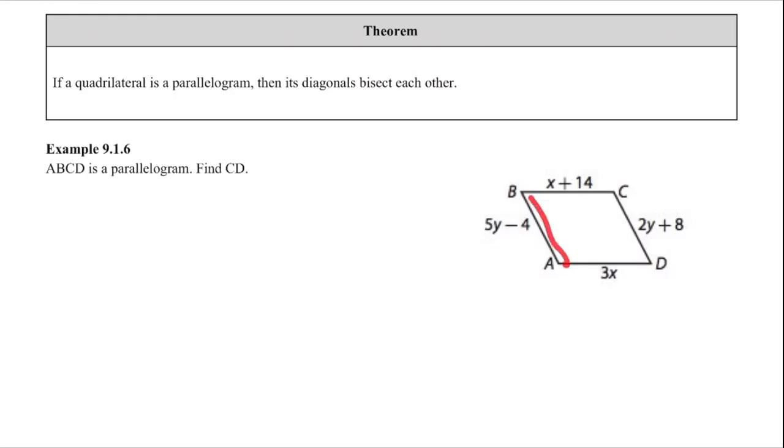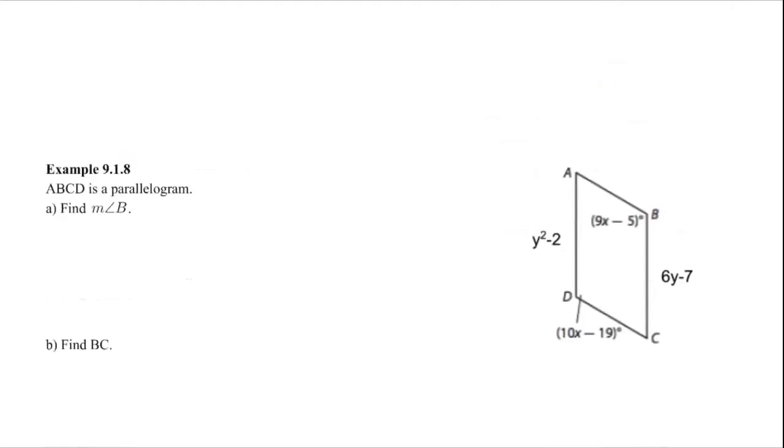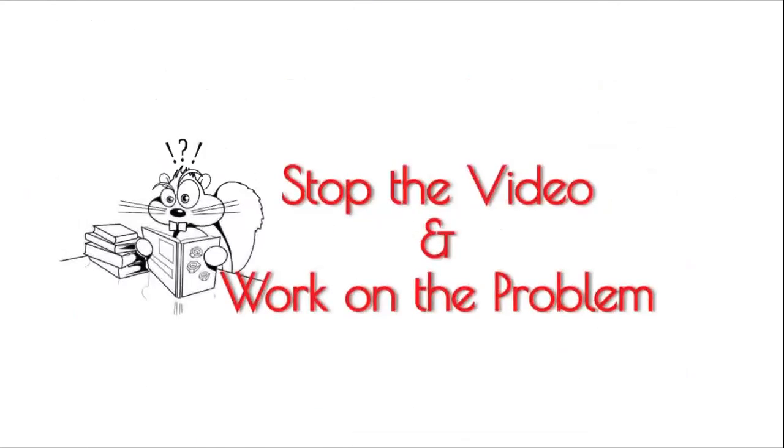Because the opposite sides are congruent. And also, given the fact that ABCD is a parallelogram, find the angle B and side BC. Okay, take a few minutes to do this, guys. Please stop the video and work on the problem.